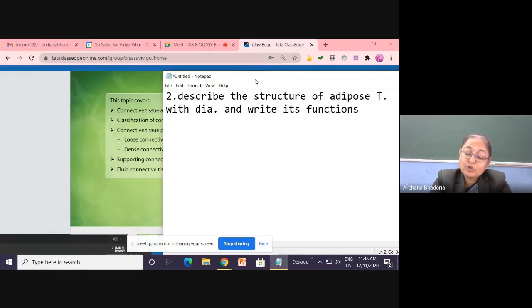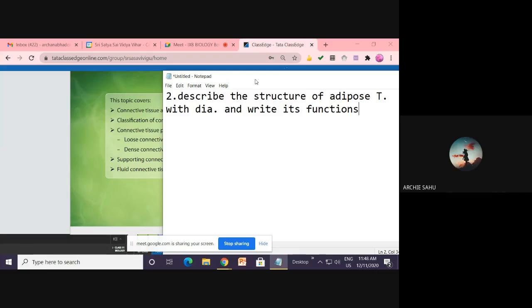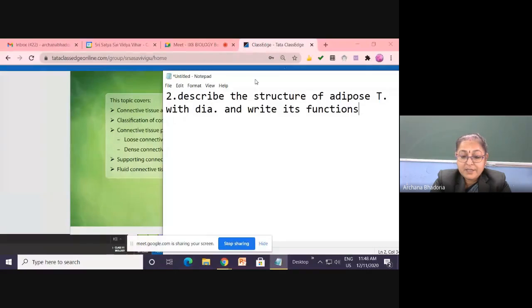Okay, and then in the group, if we complete our test 10-20 minutes before, then also we shouldn't send? You have to send it after 3:50 only.